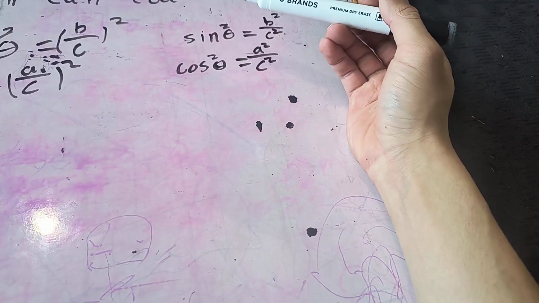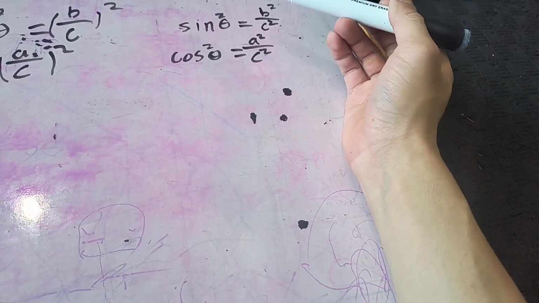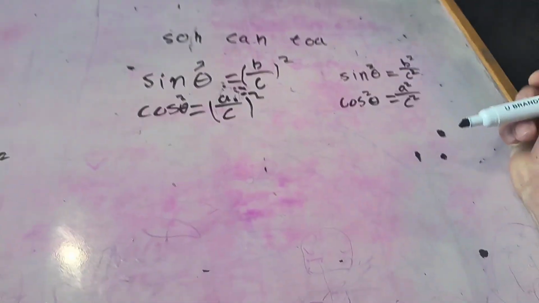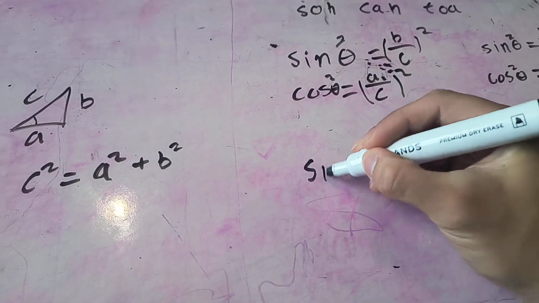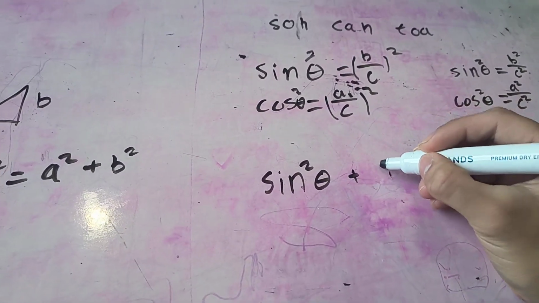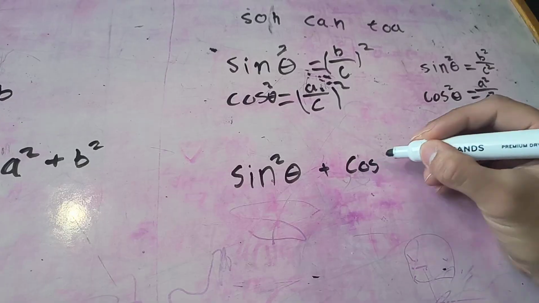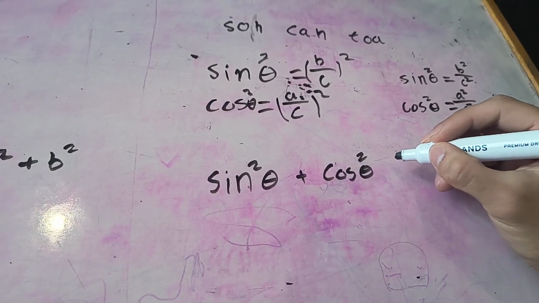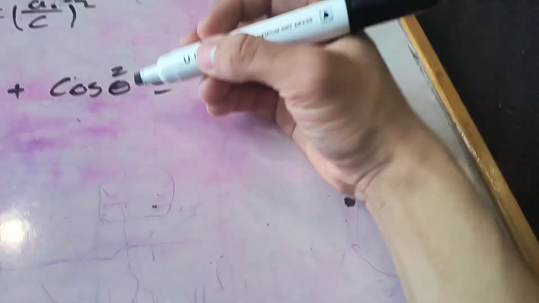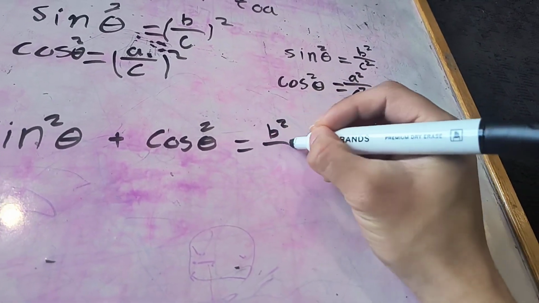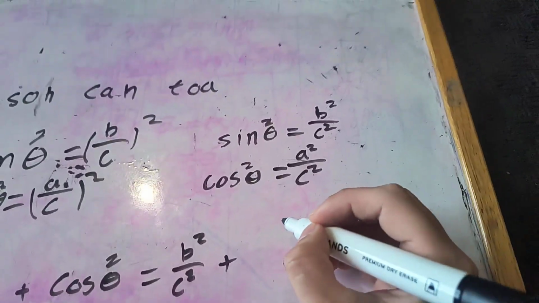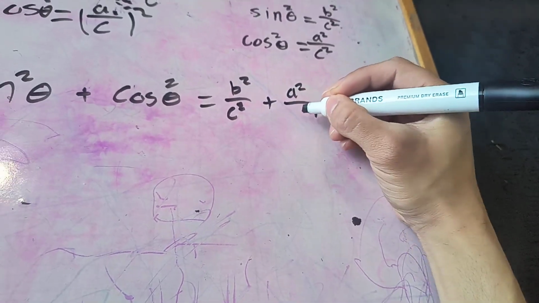What happens if we add cosine squared plus sine squared? Well, we have sine squared theta plus cosine squared theta, which is equal to B squared over C squared plus A squared over C squared.